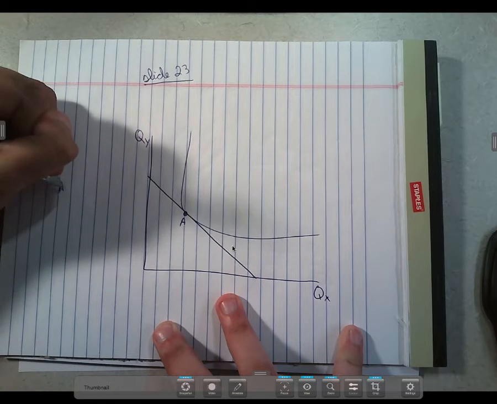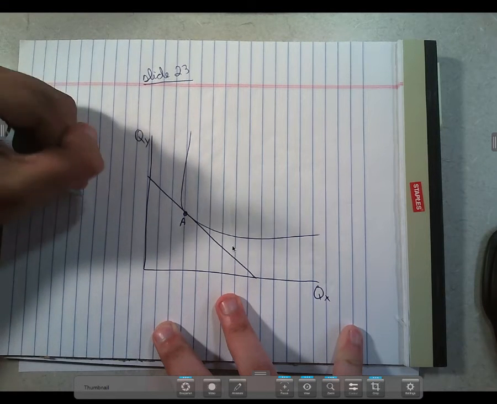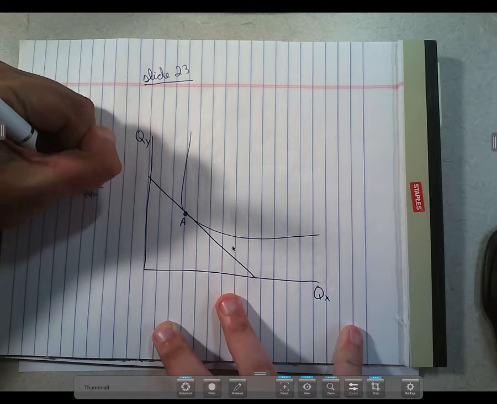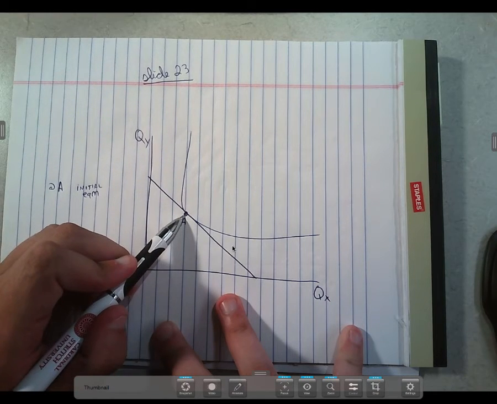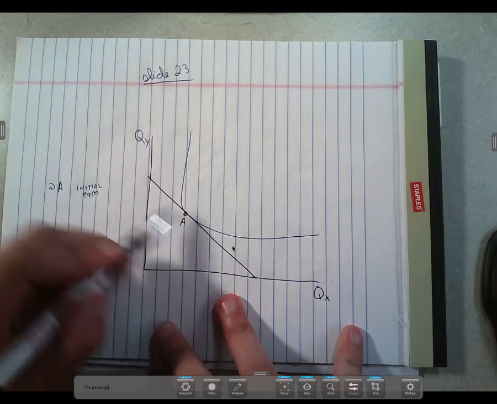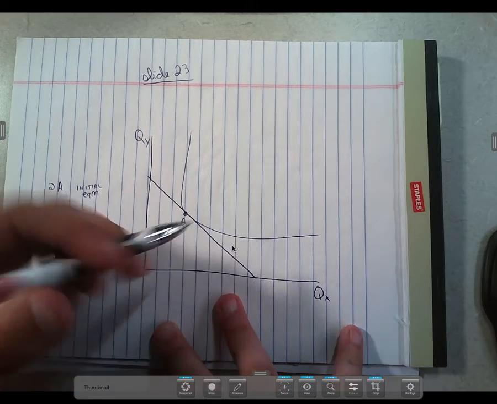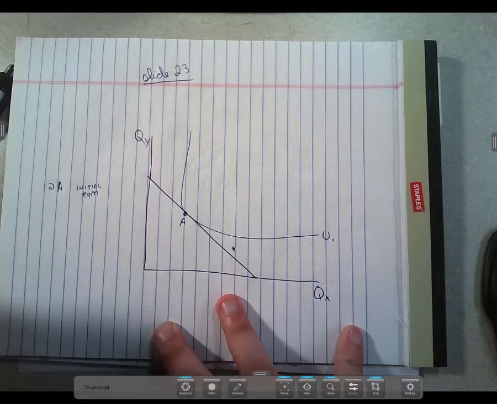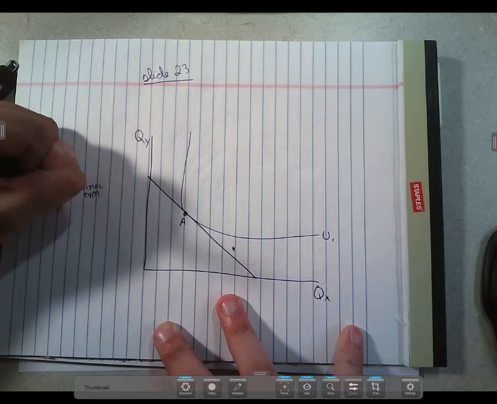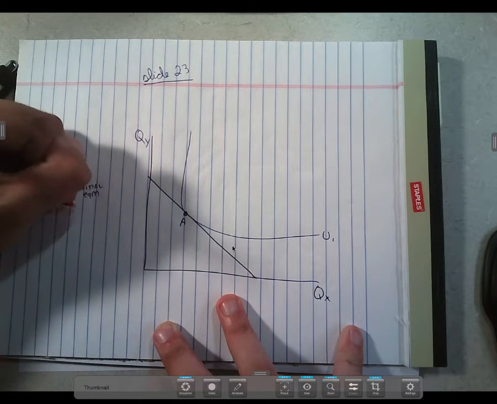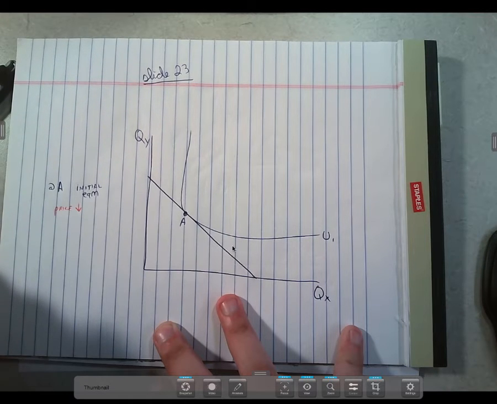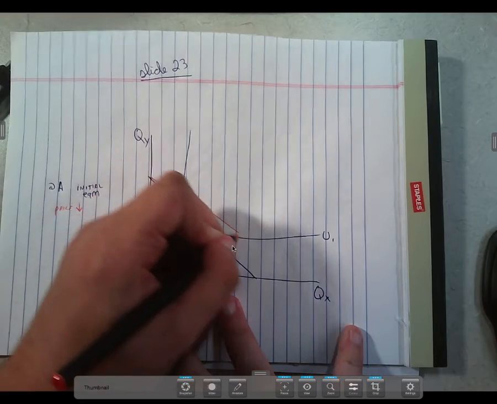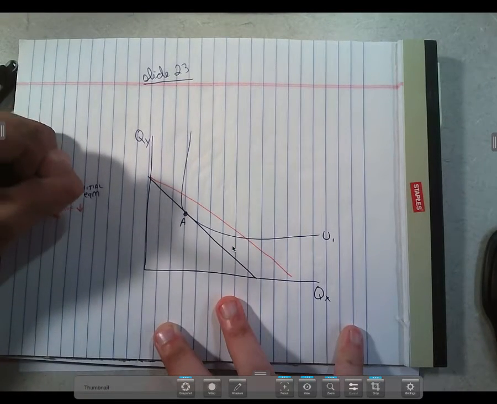Let's start here. A is my initial equilibrium. I think we can all agree to that. That would be the point of tangency between my budget constraint line and my indifference curve. Let's call it U1. Then let's say that the price of good X falls.